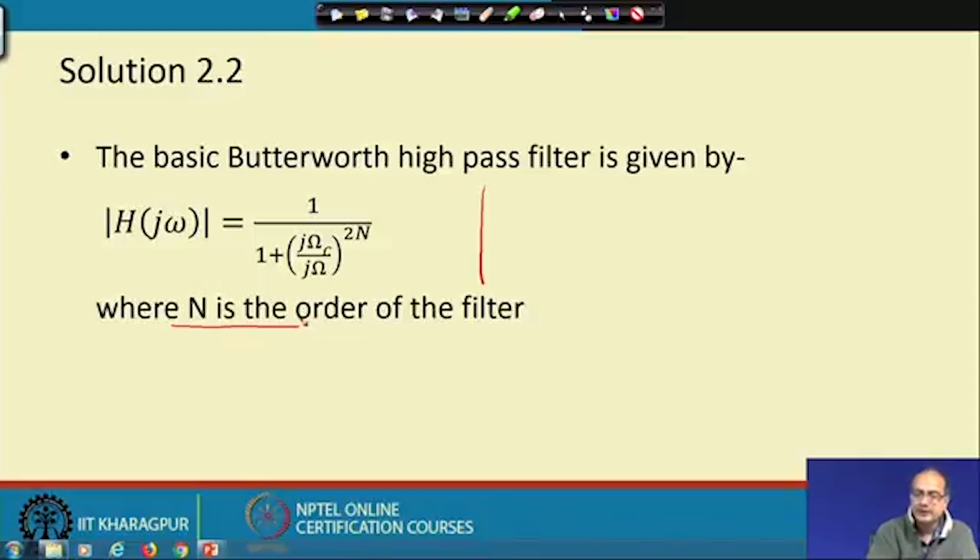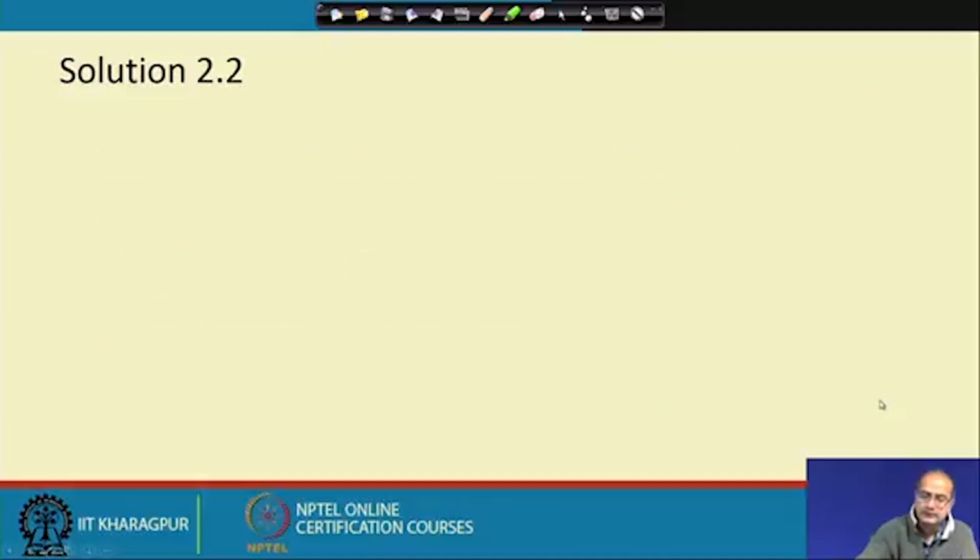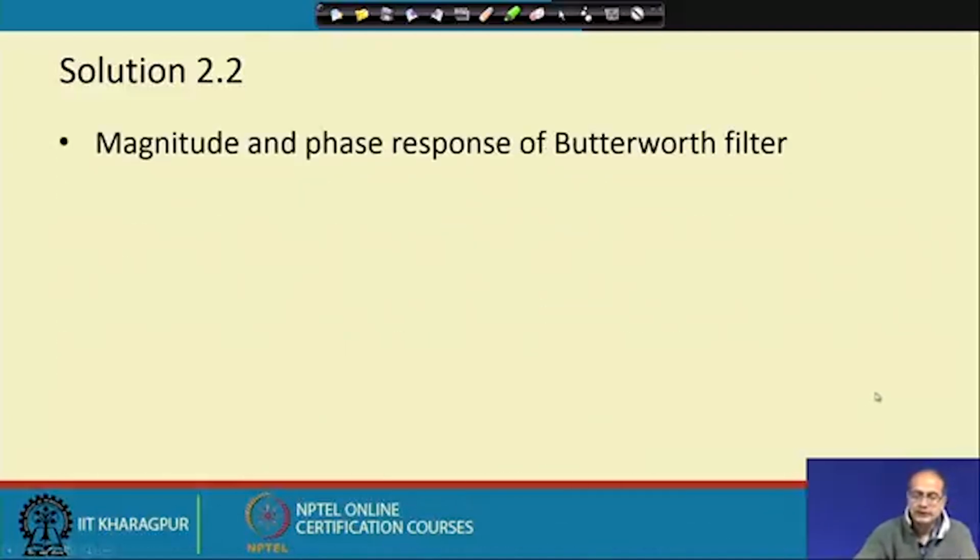So, we need to make use of that to create the Butterworth high pass filter, and see what the impact of it is on that signal. For that, first let us check the magnitude and the phase response of the Butterworth filter.